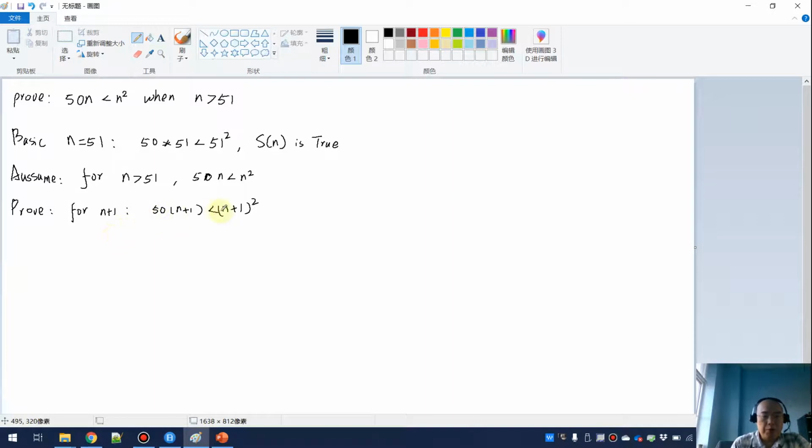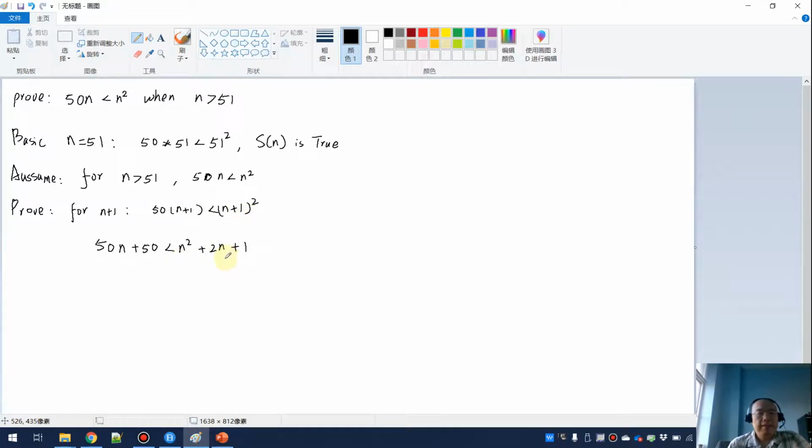If we want to prove this, it's equivalent to proving 50n plus 50 is smaller than n squared plus 2n plus 1, right? Because this part is exactly the same as this part. And on the right side, (n+1) squared is exactly equal to this part.